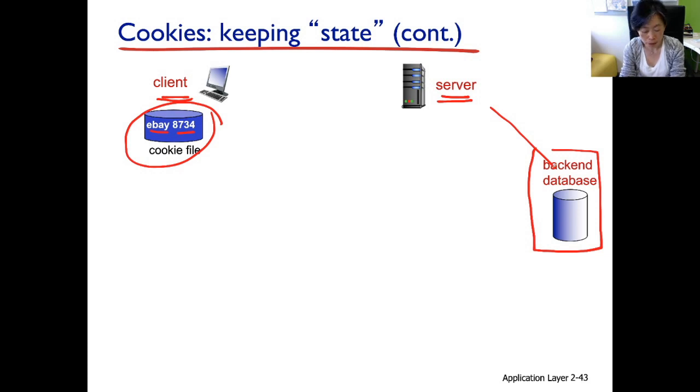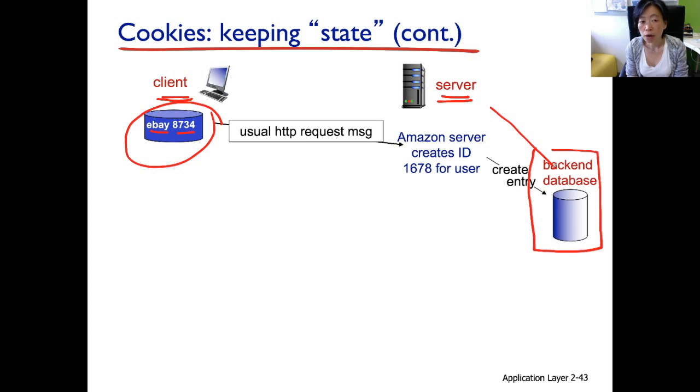When you visit the website Amazon.com the first time, you send an HTTP request message. Of course, you have not yet been on Amazon before, so there's no entry for the Amazon website. So in your initial HTTP request message, there's not going to be any cookie special header lines.